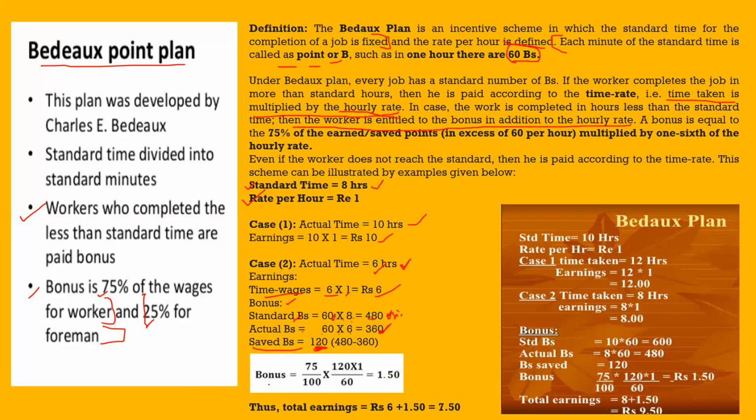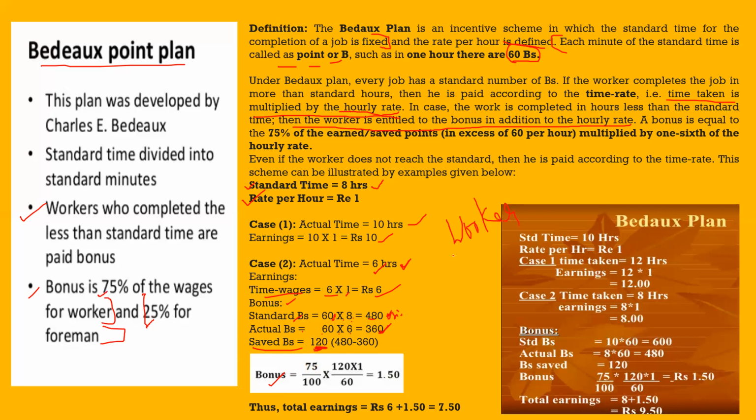So here, how is the bonus calculated? Considering this is for a worker, not for a foreman. If it was for a foreman, it could have been 25%, but consider this as for a worker.